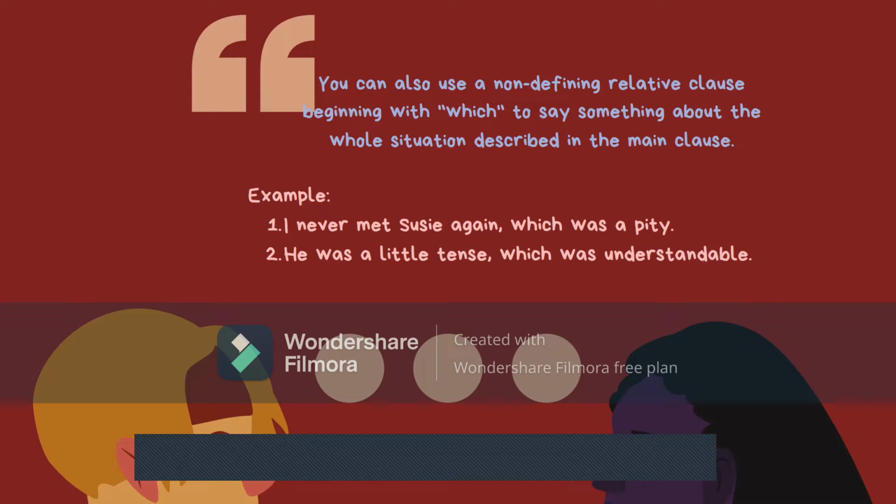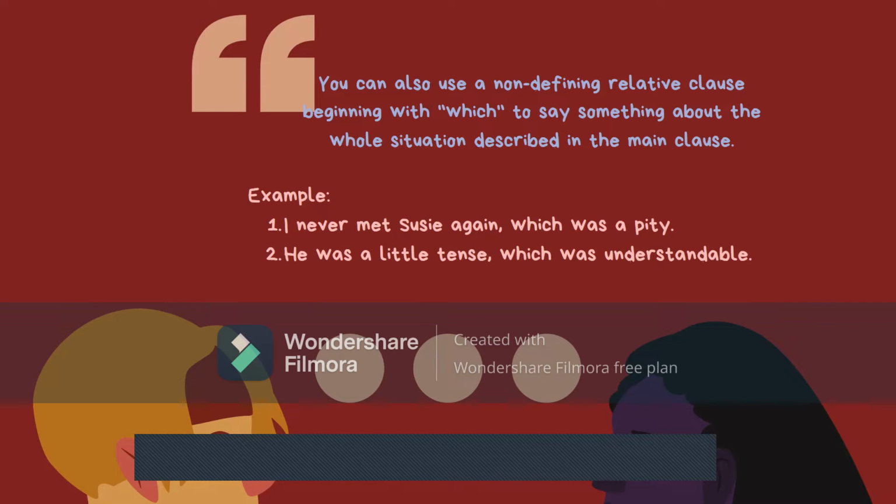Okay, as we were explaining, you can also use non-defining relative clauses beginning with which to say something about the whole situation described in the main clause. For example, in the first one, it says, I never met Susie again, which was a pity.